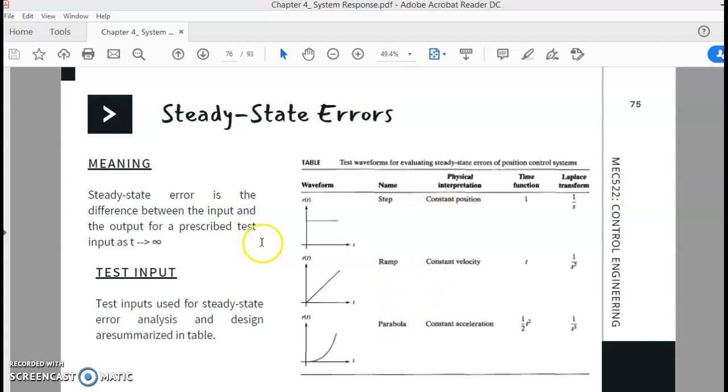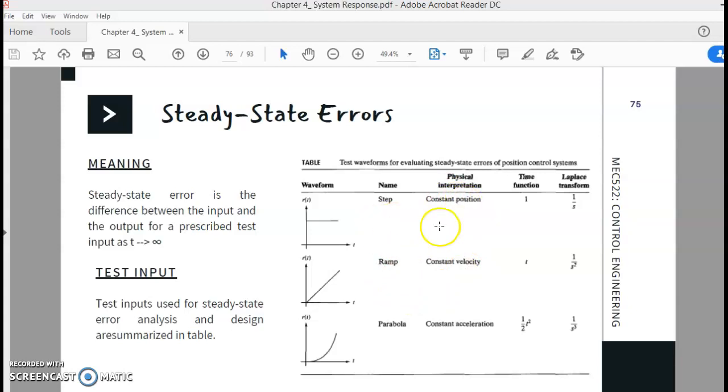For the step, this is the waveform. The ramp is a straight line, and the last one, the parabola, is a curve. For physical interpretation, we can also call it a gain: constant position Kp, constant velocity Kv, and the last one constant acceleration Ka. So the parabola is constant acceleration, the ramp is constant velocity, and the step is constant position Kp.